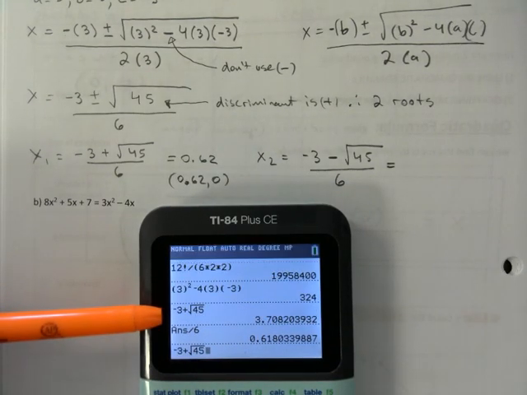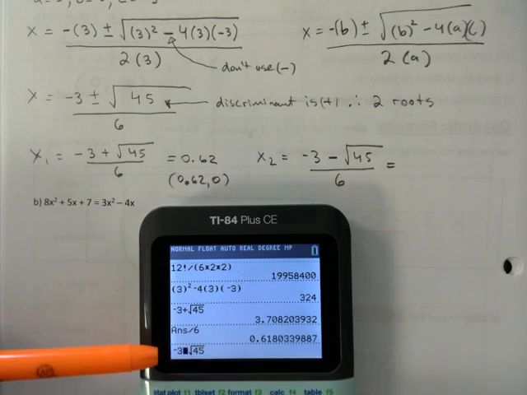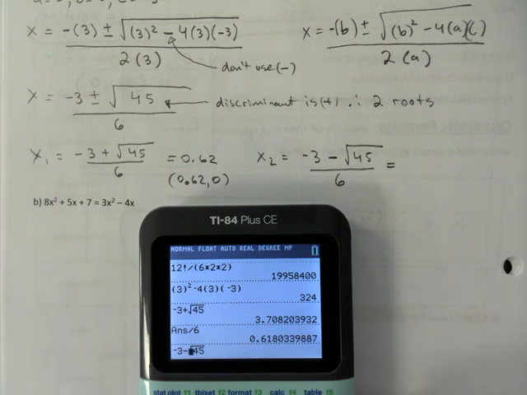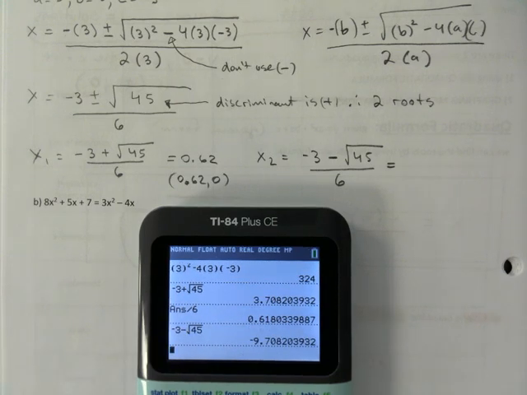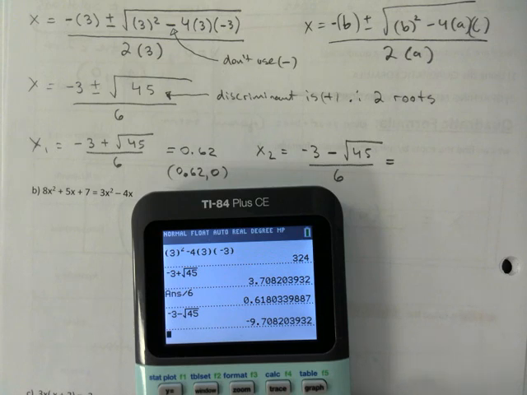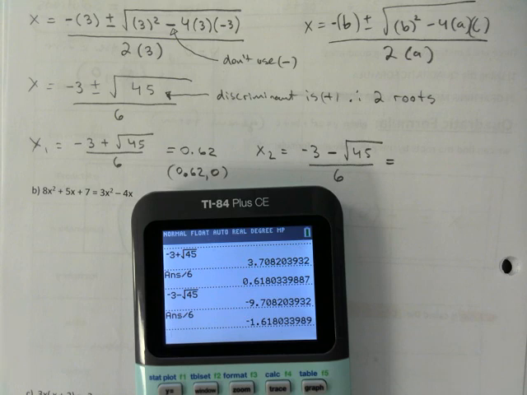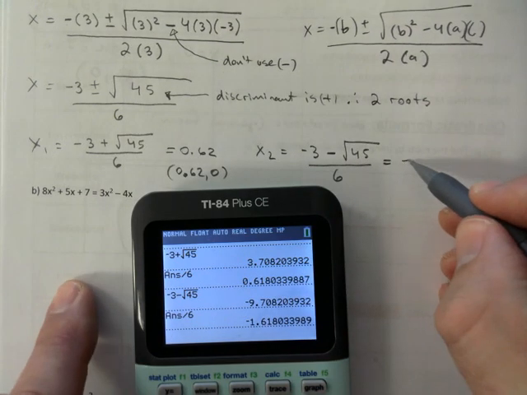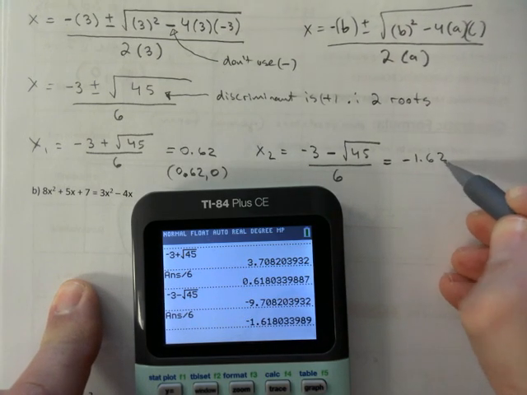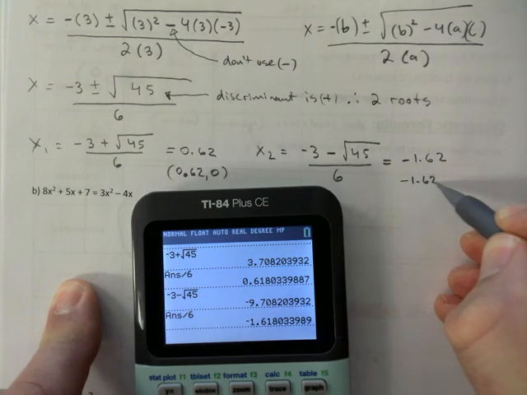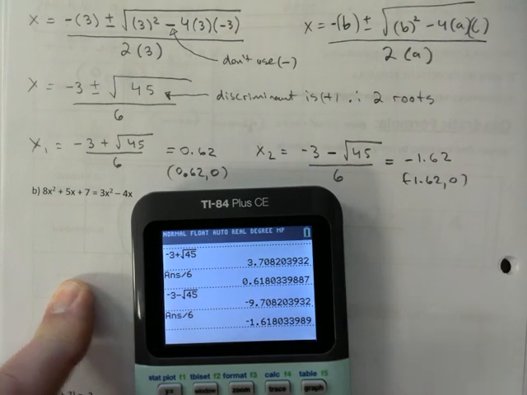I copy that down, and then I just replace the plus with takeaway, subtract, and I hit enter. So you get negative 9.7 something, and don't forget to divide by 6. That is your second root, negative 1.62. So you found your second root right there.